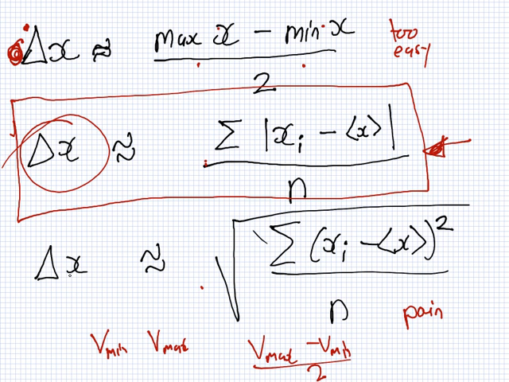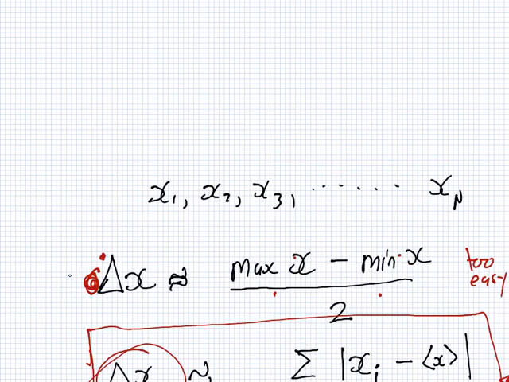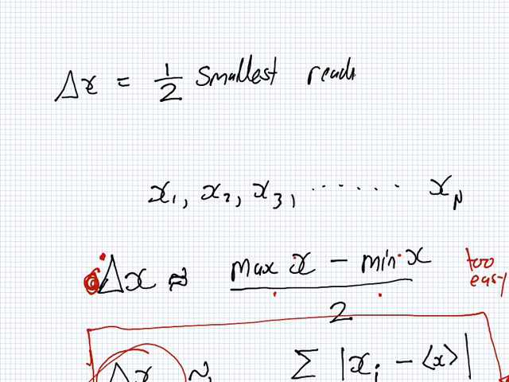Because there is another way to do it, which is even easier than the easiest way, which I'll just write up here. Uncertainty is half the smallest reading possible on the machine.